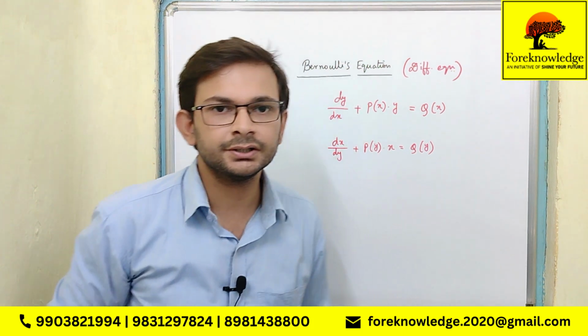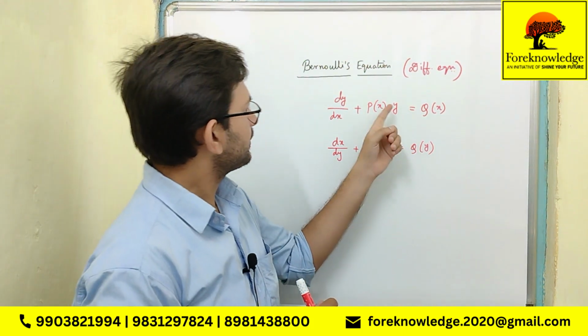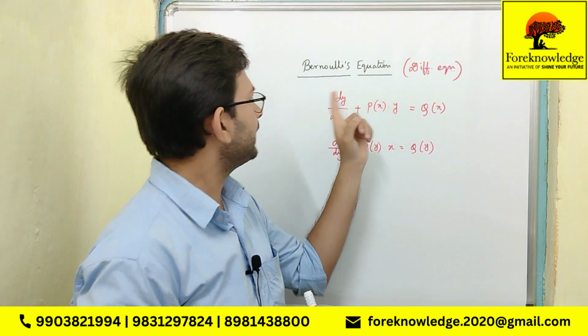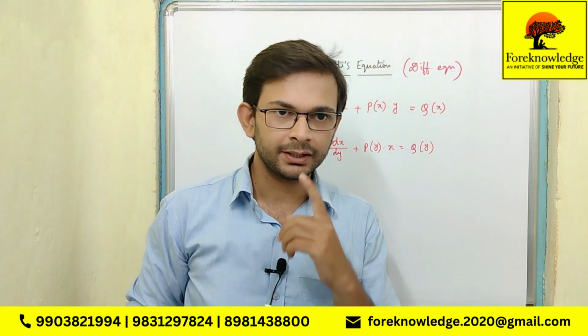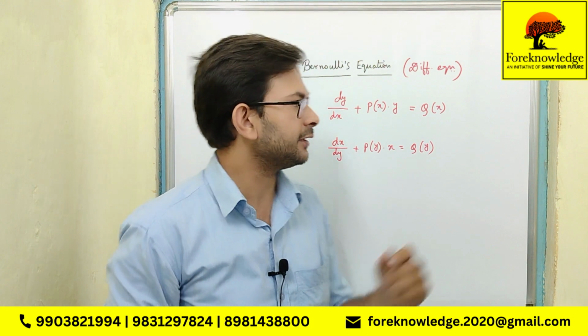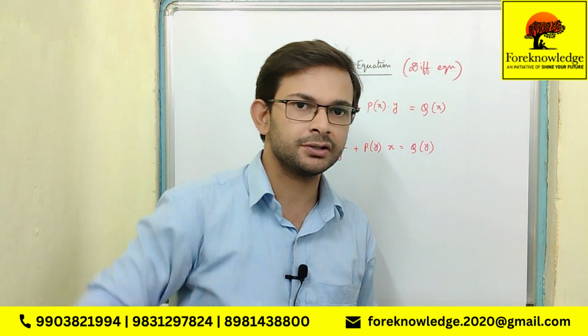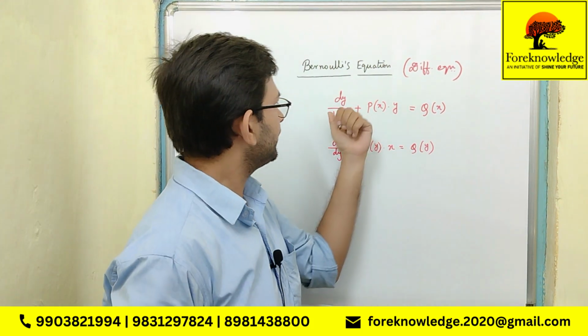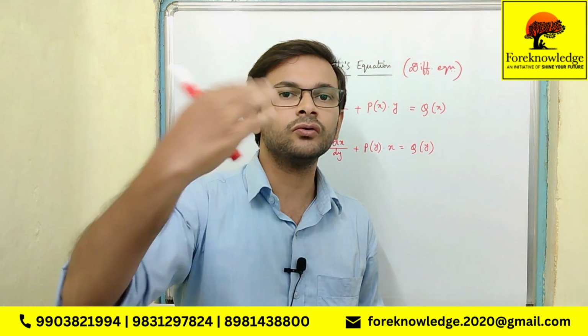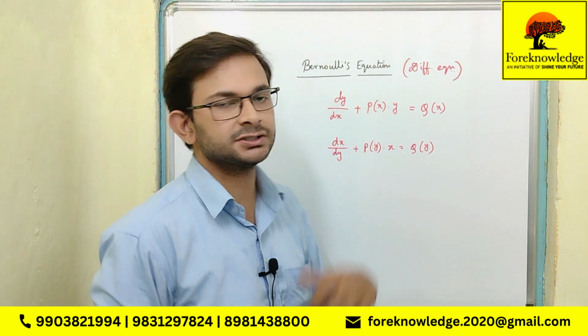Why first order linear? Because the unknown variable and its derivative occur in a single term. That means y is present, no higher power of y is present, and only dy/dx is present, no higher order derivative of y is present.